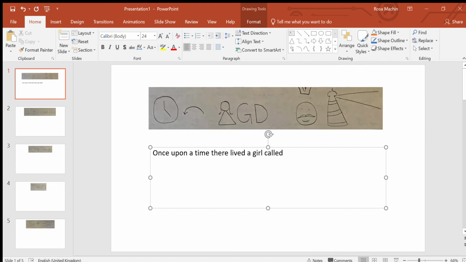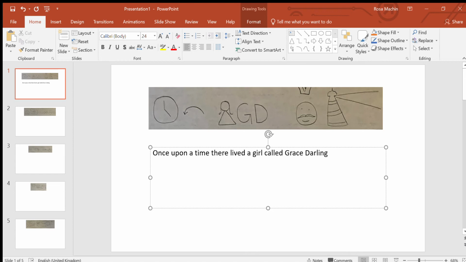Called Grace. Remember, this starts with a capital letter because it's a name. Grace. Darling. D, a, r, l, i, ng. Again, a capital D for darling. R, like start the car. L, i, ng.